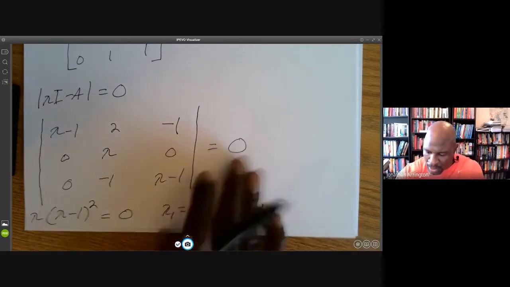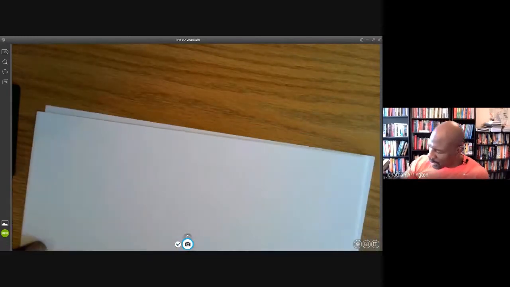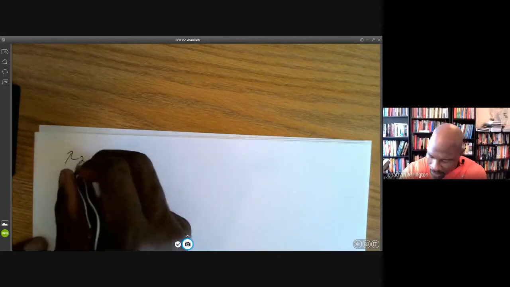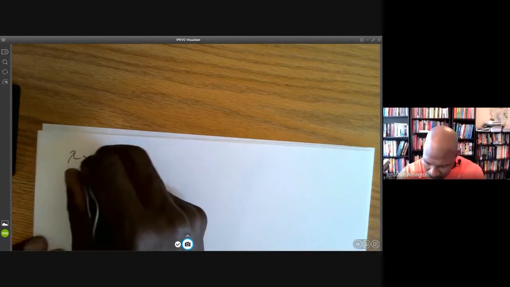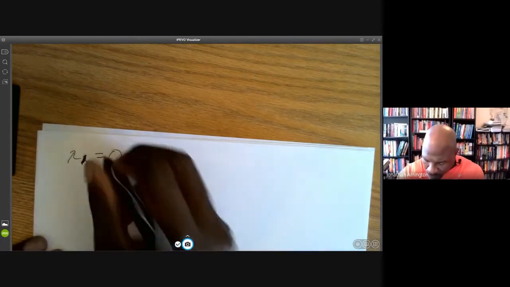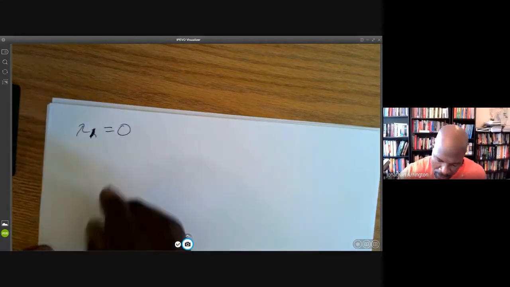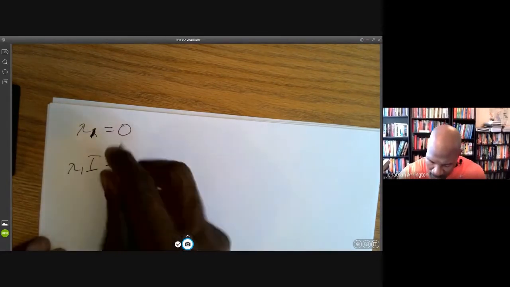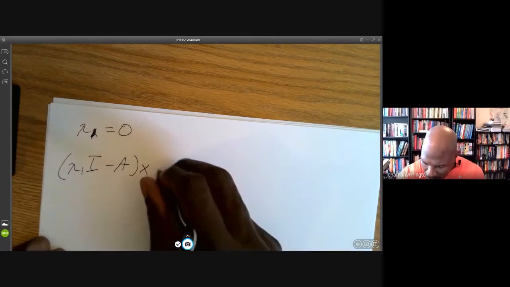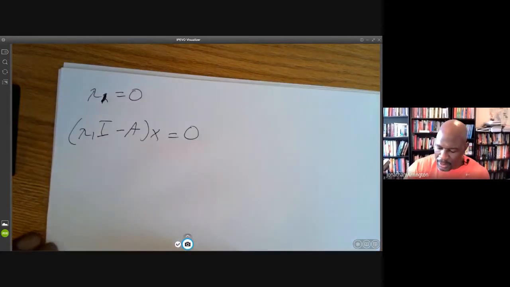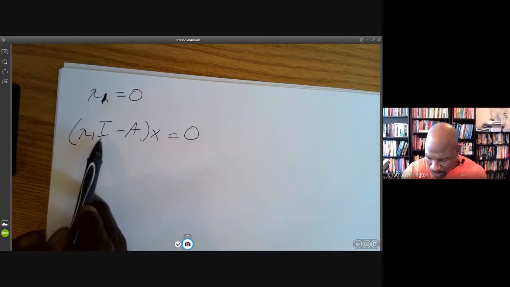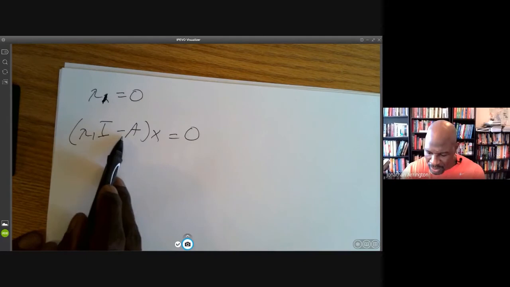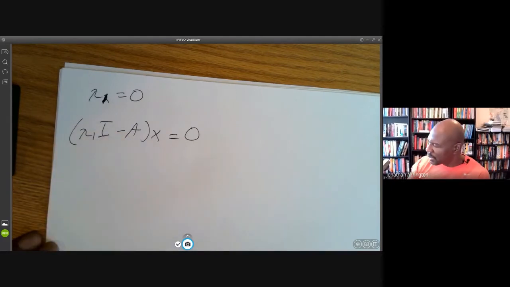Let's see. All right. So to find our eigenvector, and this eigenvector is coming from lambda 1, which is 0, what we're going to do is lambda 1 times I minus A times x equals 0. All right. So lambda 1 times I is simply 0. So basically what we're going to have is negative A. That's what we get as the result of that. Where is matrix A?